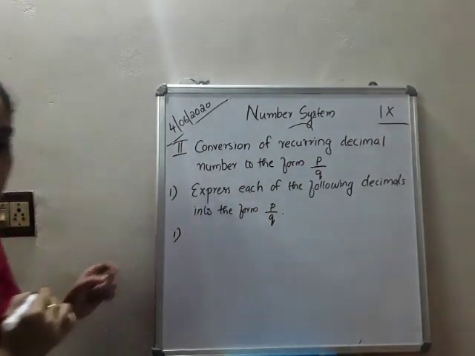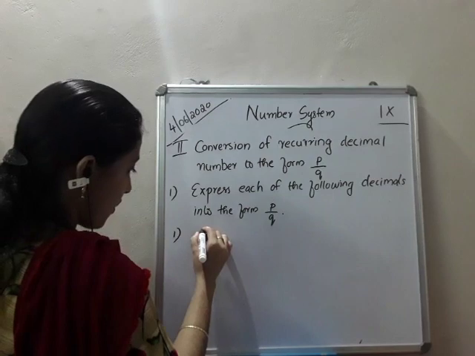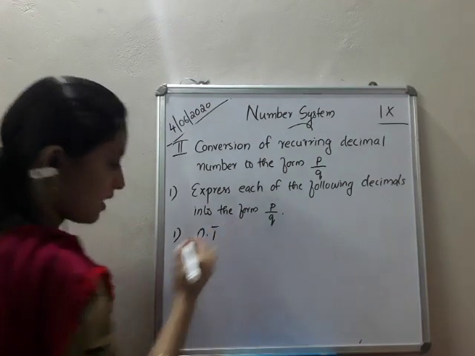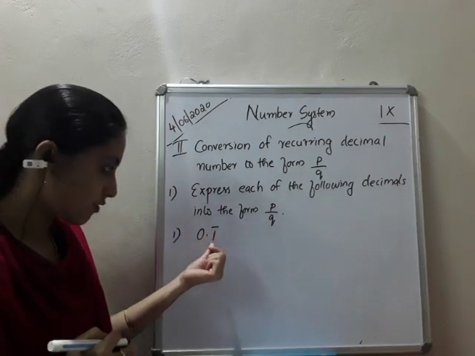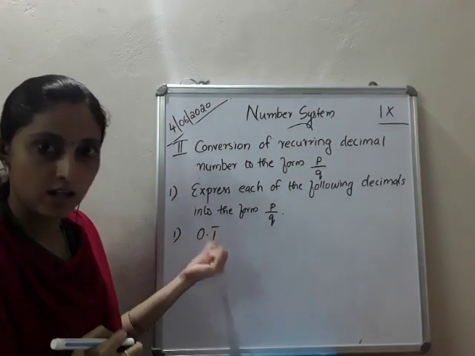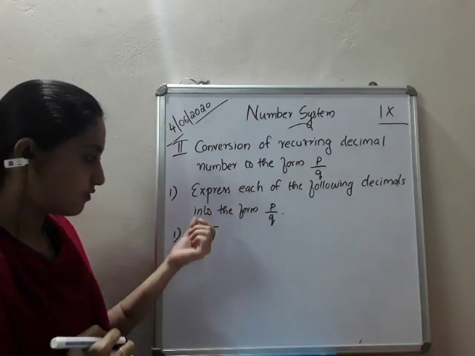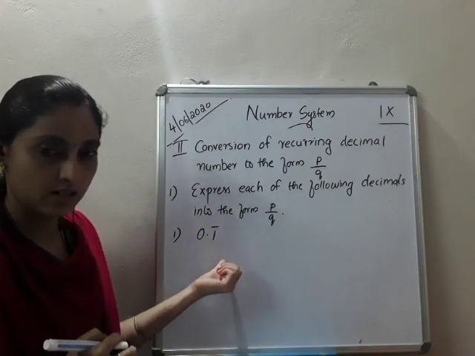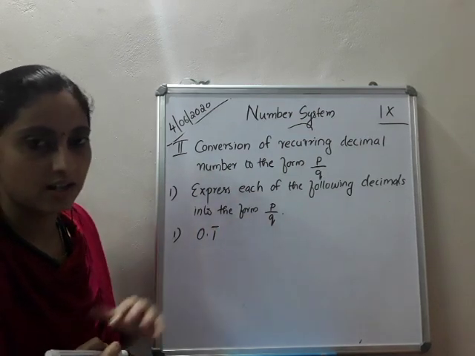The first question is 0.1 bar. Please go through correctly, the bar is for 1 only. Please verify if there are 2 or 3 digits, where the bar should be written: in 1 digit or in 2 digits or in 3 digits and so on.